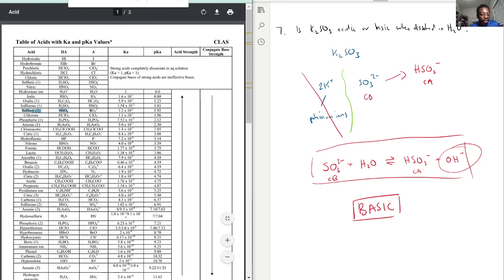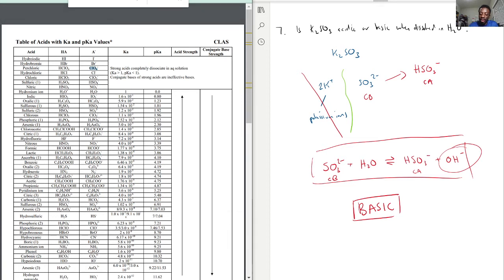So, for example, when you have perchlorate, it is such an independent anion that it completely dissociates from hydrogen.